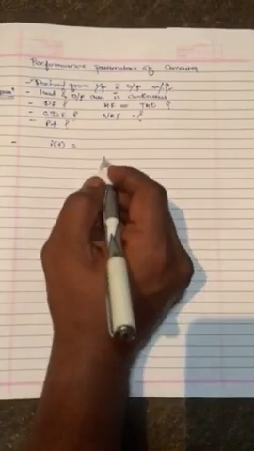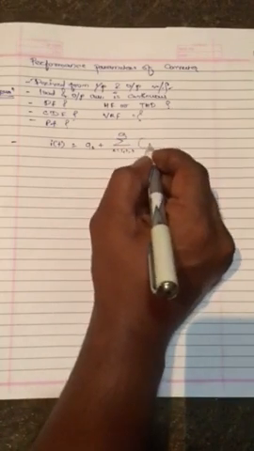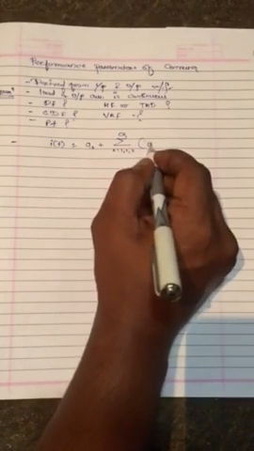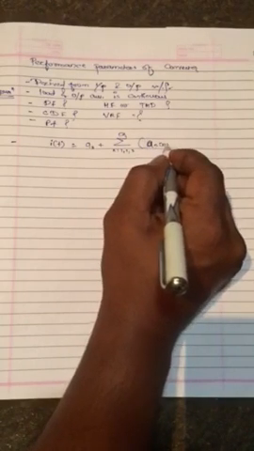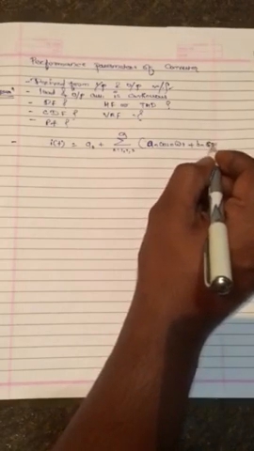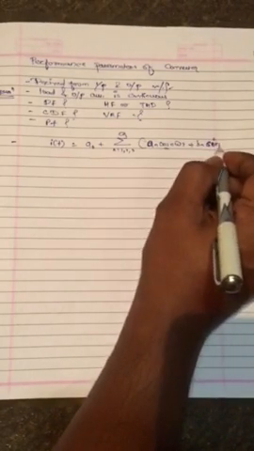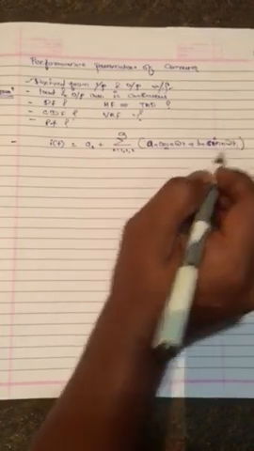In general, the instantaneous current of a converter, i(t), is expressed in terms of the Fourier series as A0 plus the summation, where n runs from 1, 3 to infinity, of an cos n omega t plus bn sine n omega t.